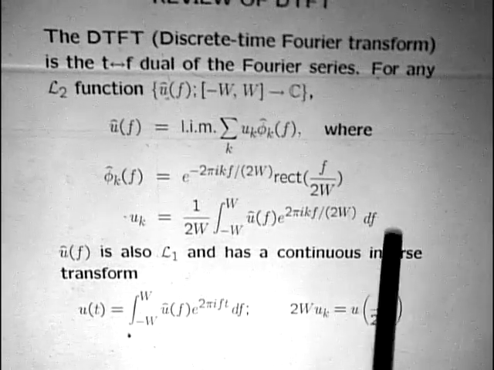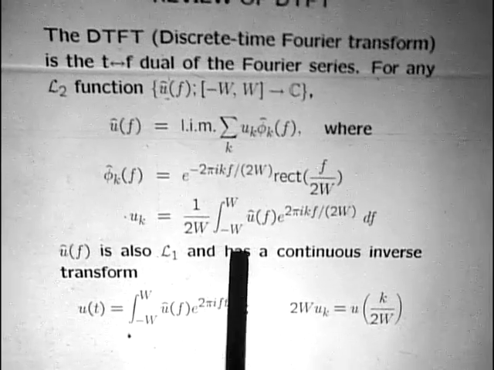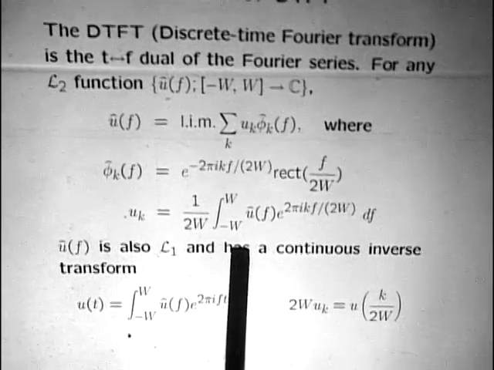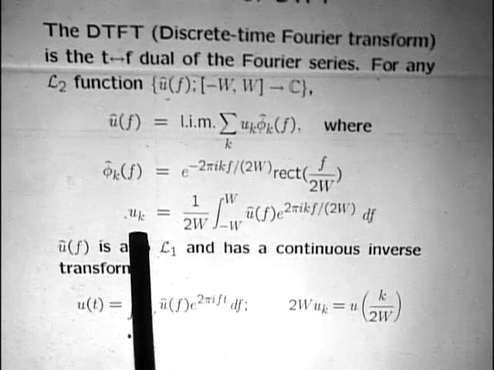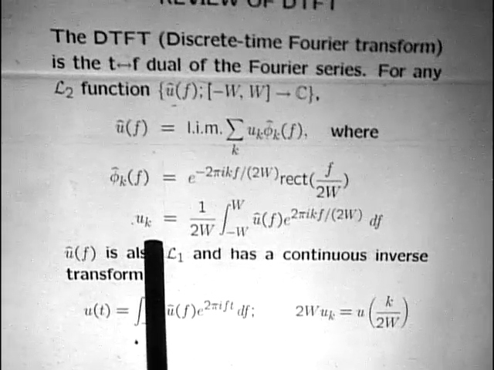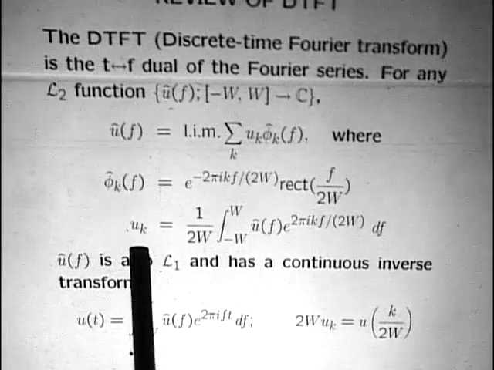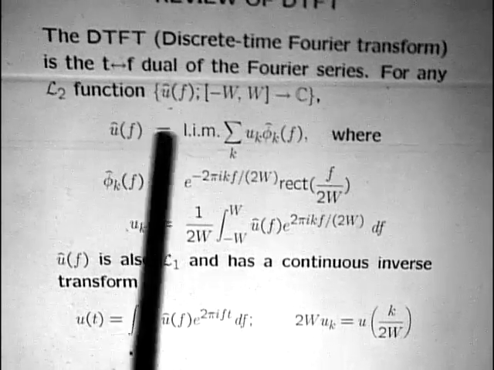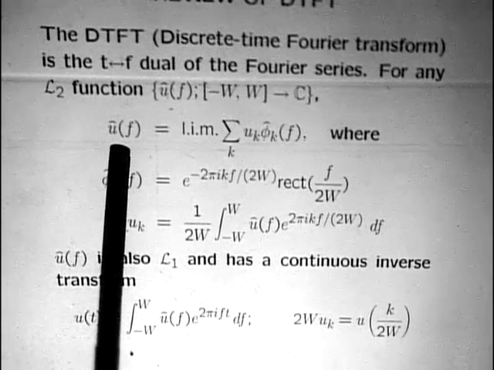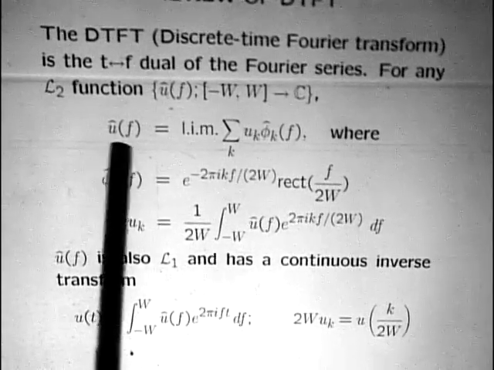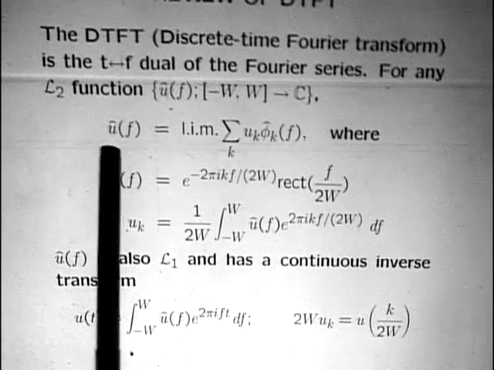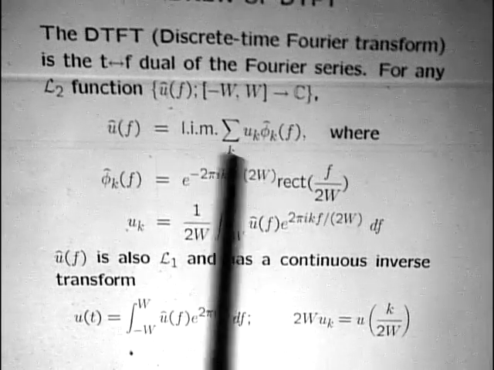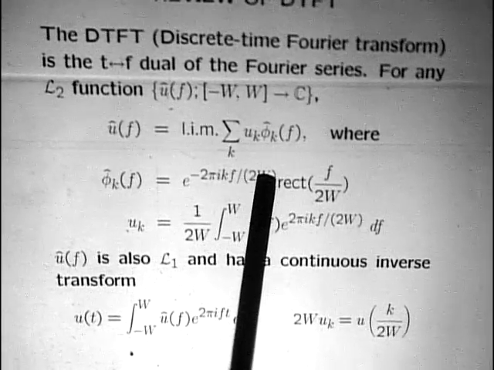The coefficients are given by this. We showed when we were talking about the Fourier series that these coefficients exist as complex numbers. They're always finite. You can calculate them if you want to. This quantity here can be rather fishy. This is this limit in the mean, which says that you have to calculate this by looking at this sum over a finite sum.